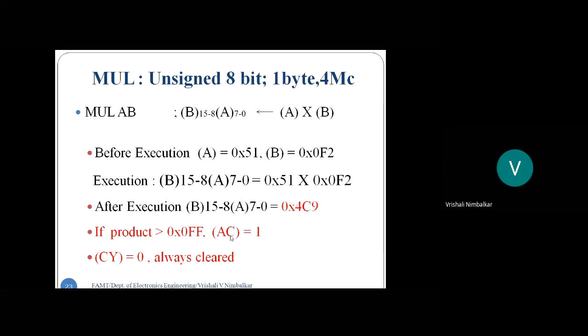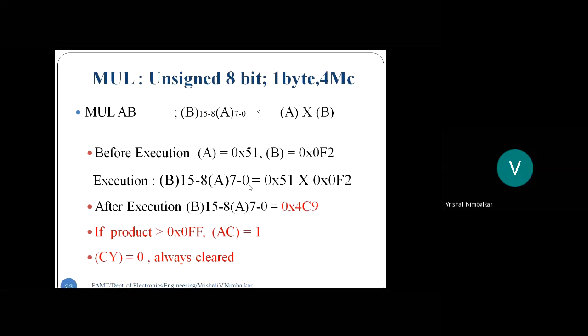And what about auxiliary carry? Auxiliary carry will also be 0 if the result is 8-bit. Correct? But if the product is greater than 8-bit, 8-bit means what is the last number? FF. Correct? So if the product is greater than FF, then and only then auxiliary carry is set. Okay? Why has this been given? So that, see, if the auxiliary carry is 0, I know the answer is only 8-bit.